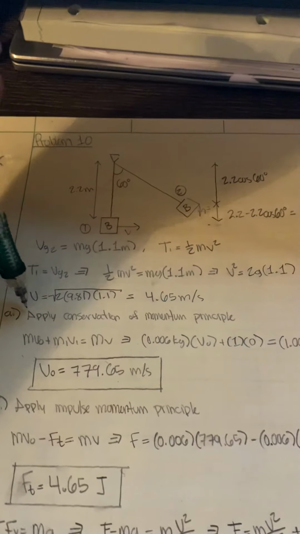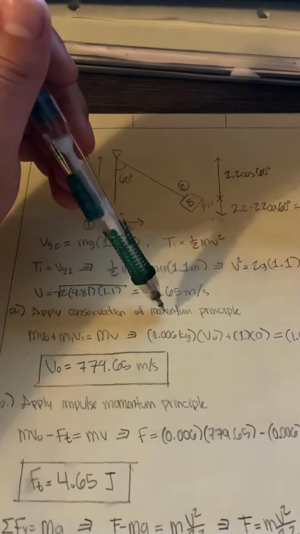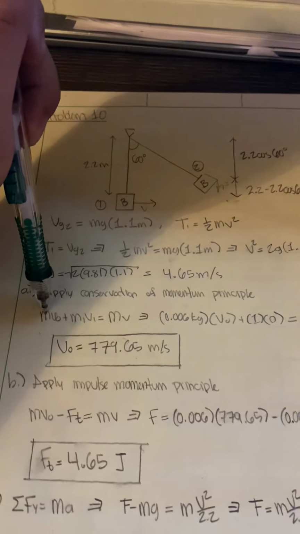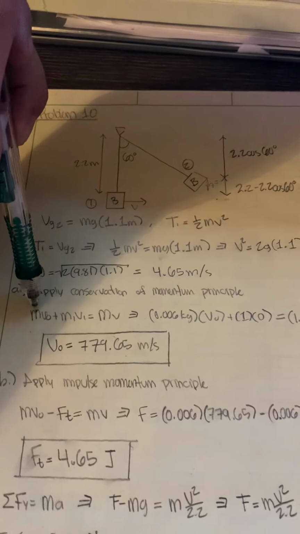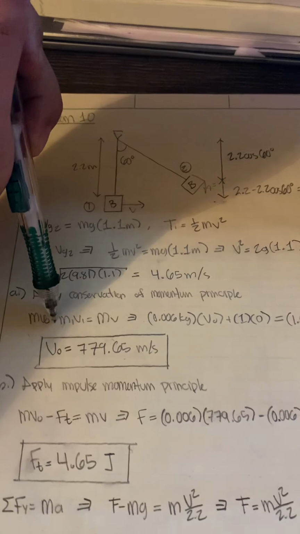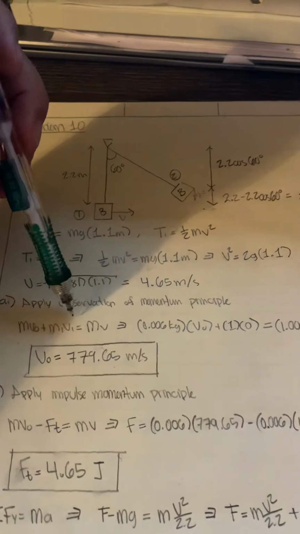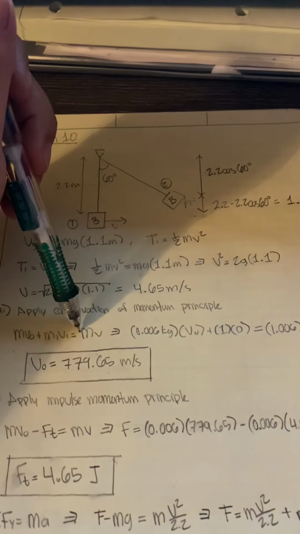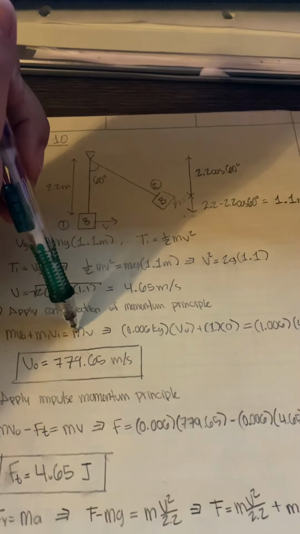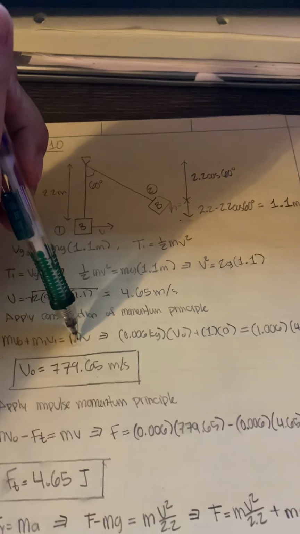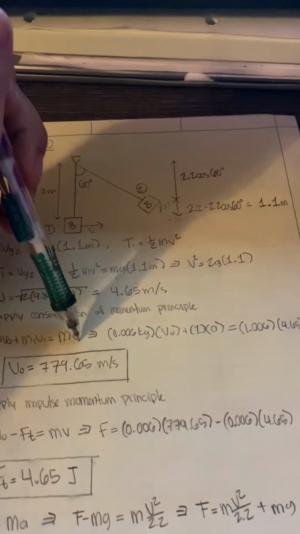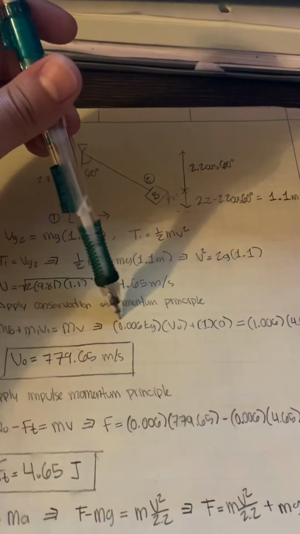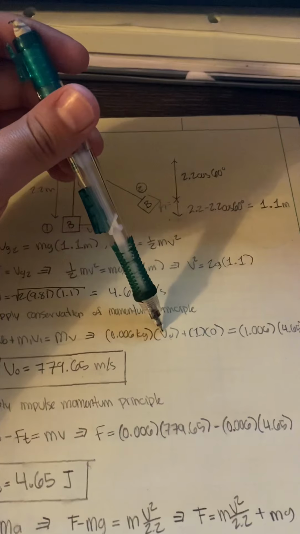And then to figure out the initial velocity, we apply the conservation of momentum principle, which is what we've been using. It's the mass of the bullet times its initial velocity plus the mass of the block times its initial velocity. And then this one right here at the end is equal to the total mass of the bullet and the block times its velocity after the impact. So we know the mass of the bullet, we don't know the initial velocity, that's what we're looking for.